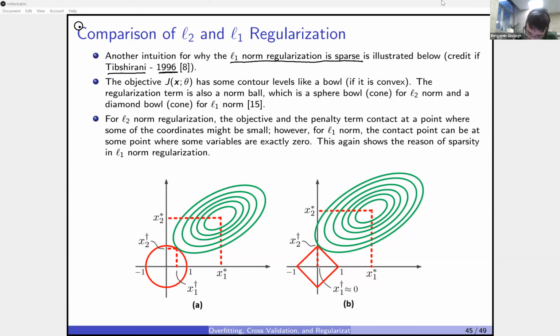So you can see this is a unit ball for L2 norm. This is a unit ball for L1 norm. For more information, see my optimization course.